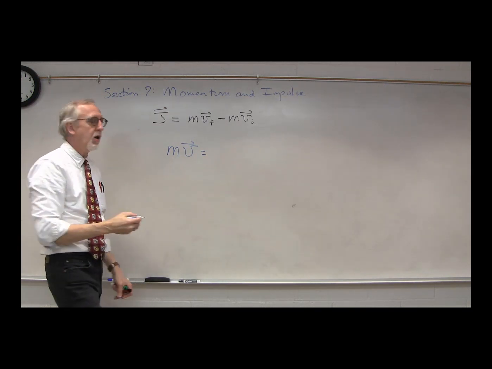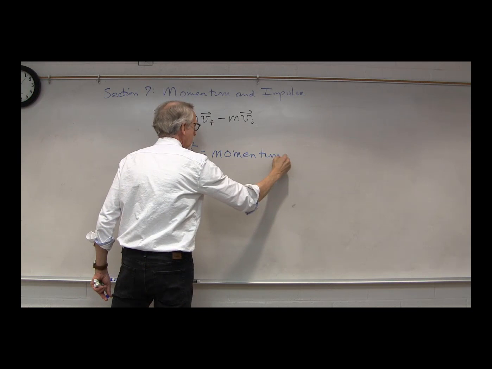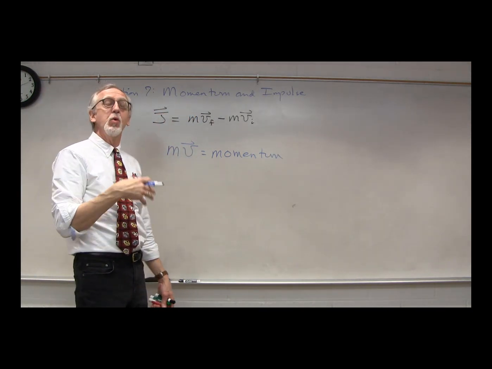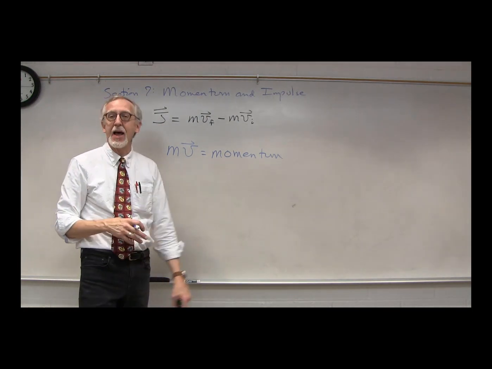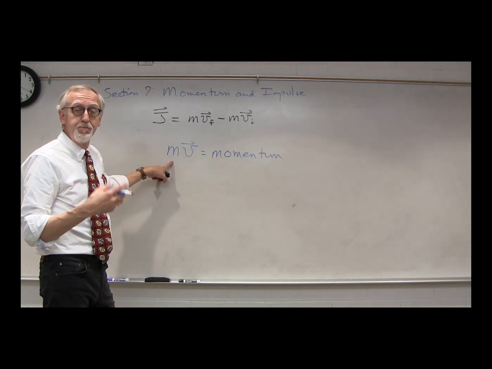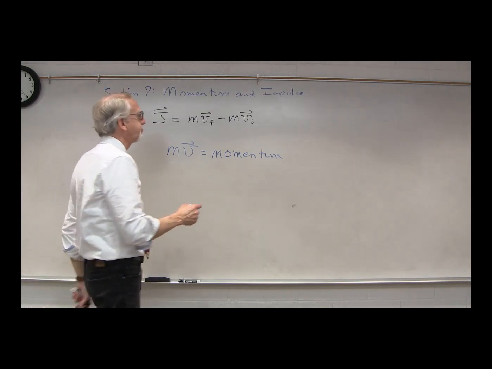This is what we call the momentum. Now, actually, to be more specific, it's the linear momentum. We'll actually see another kind of momentum later on, but for the moment, we'll just refer to it as the momentum. It's the momentum of the object, or of one of the objects, whatever velocity and mass we're using.